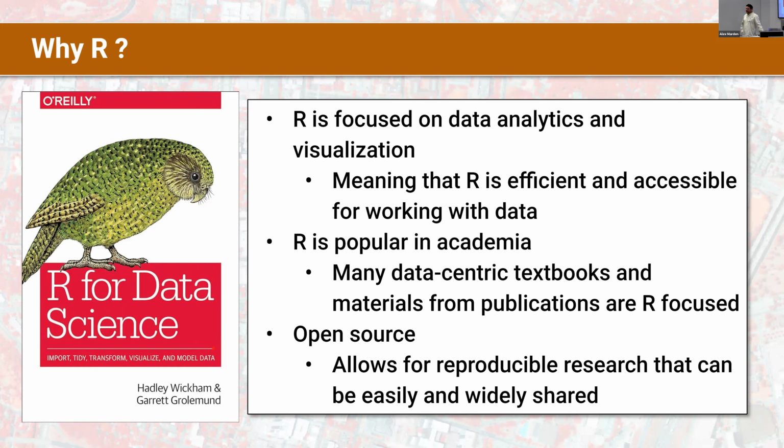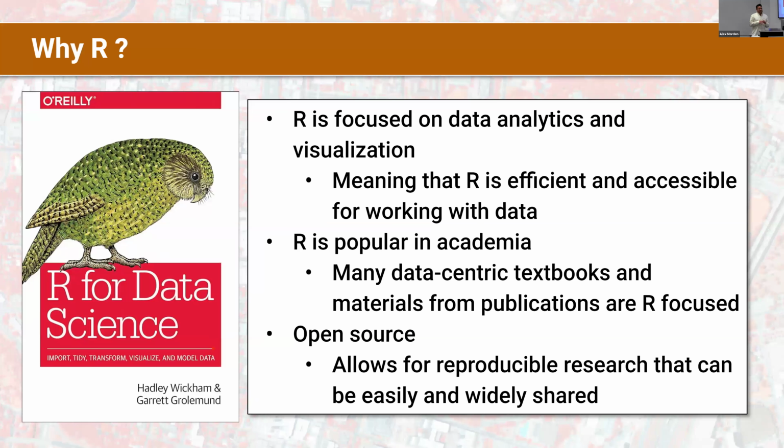And then another reason, I would imagine most people here are involved in academic research of some kind. So, R is really popular for that. Those dynamics are always changing, and I know Python is probably gaining more and more popularity. But traditionally, R is really popular in academia.